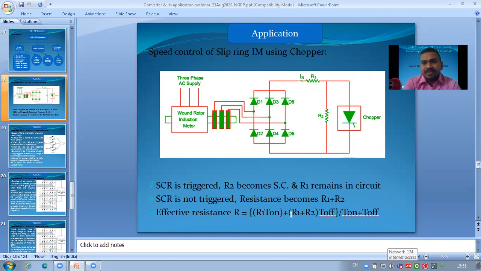So we can write R1 plus R2 into T off, whole divided by T on plus T off, which is the total time period T. So this is the effective resistance R in the circuit during the total time period T. According to that, we can insert the resistance in the rotor circuit, and the speed of the motor is controlled. So by using this chopper circuit, we can control the speed of the induction motor.